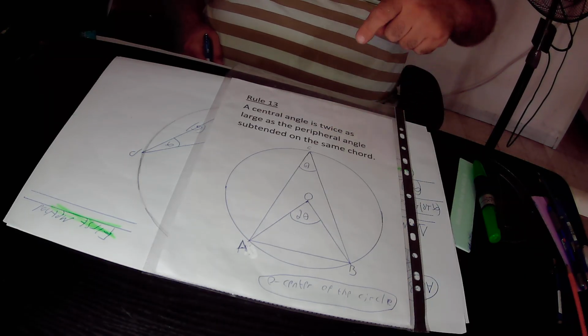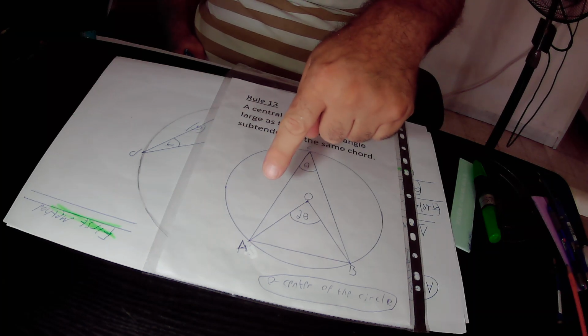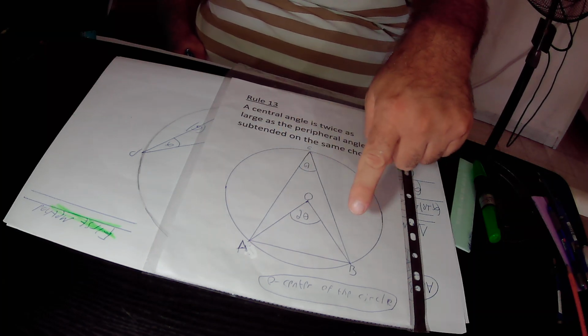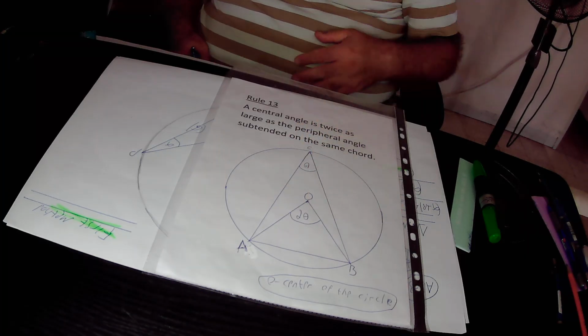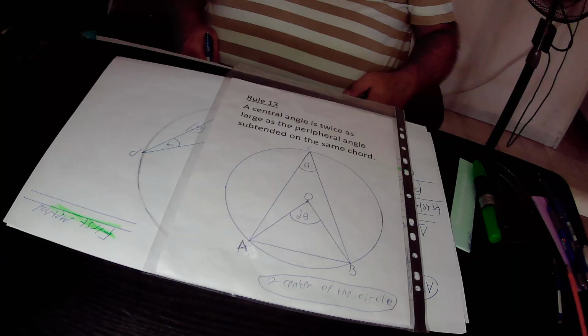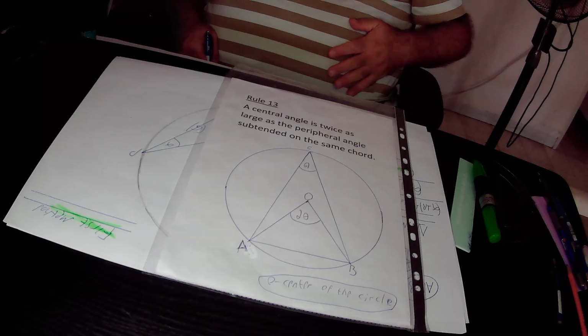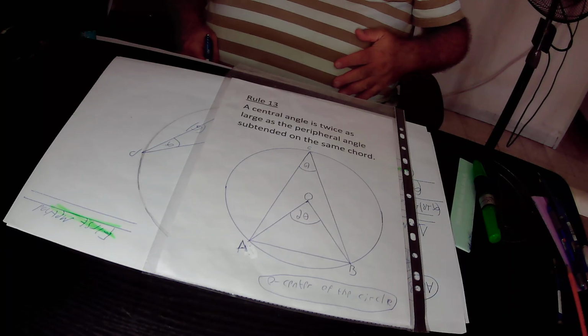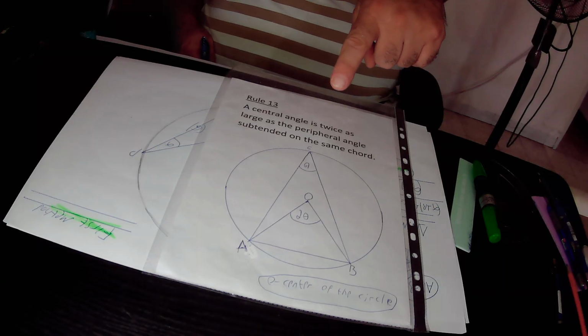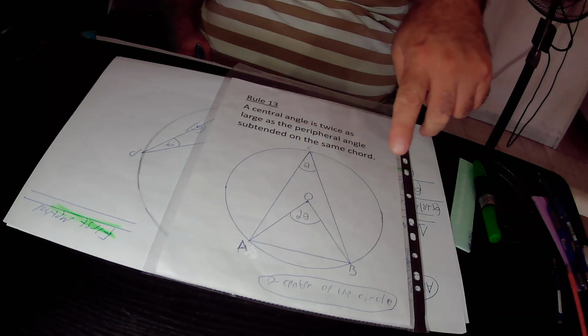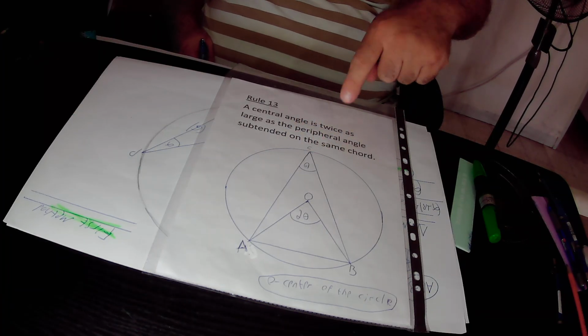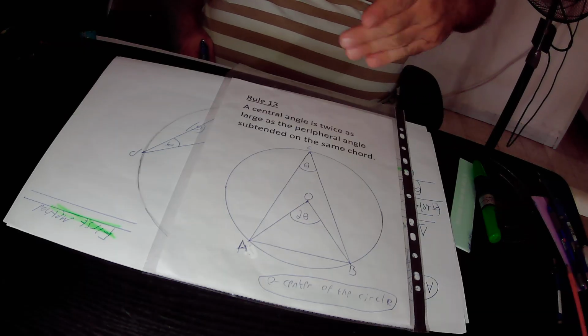Okay, so central angle AOB subtends on the same arc AB, and according to this rule 13, the size of the central angle AOB that subtends on the same arc AB, exactly like peripheral angle ACB, must be twice as big as the peripheral angle.